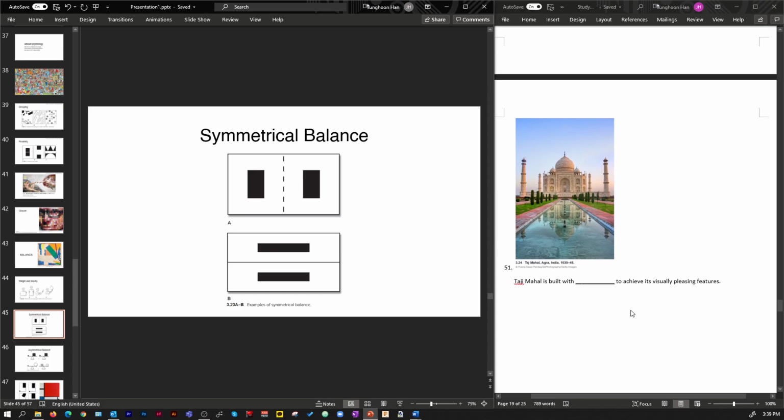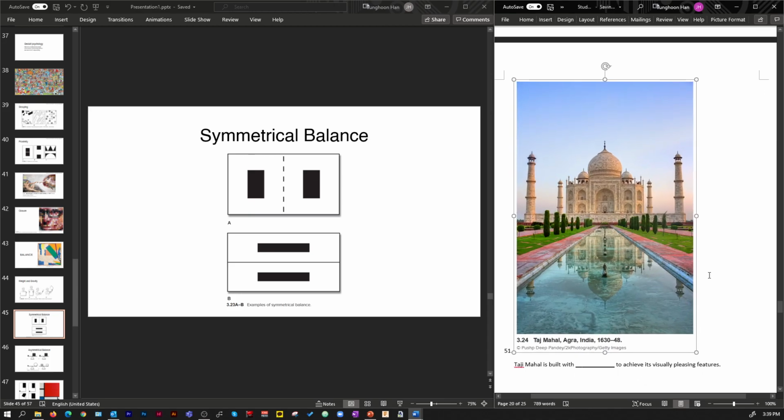All right, so Taj Mahal, if you take a look at this, I'm going to make it a little bigger. Taj Mahal is built with symmetrical balance to achieve its visually pleasing features. We talked about how symmetrical balance is generally very visually pleasing because it's very stable. Not just the human mind, but the universe wants everything in equilibrium.